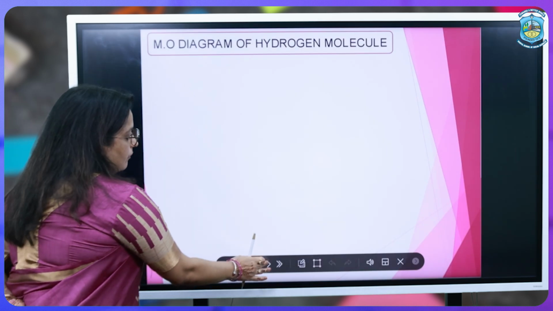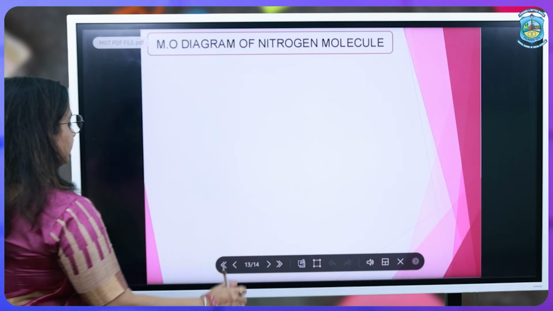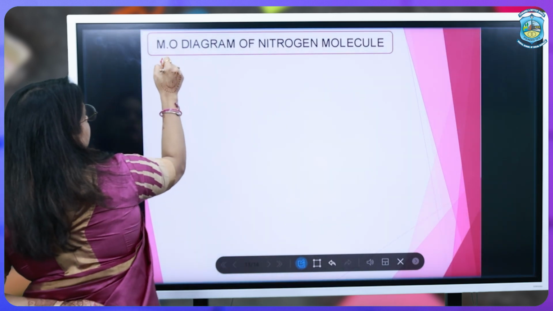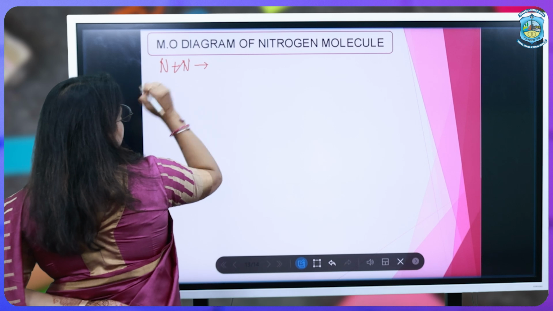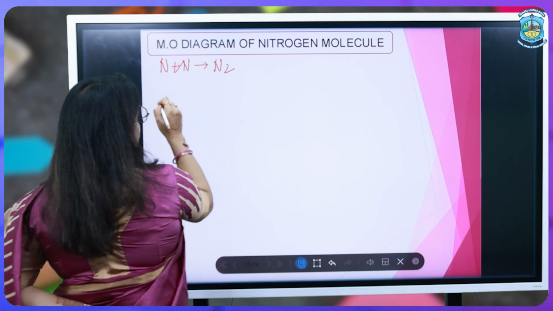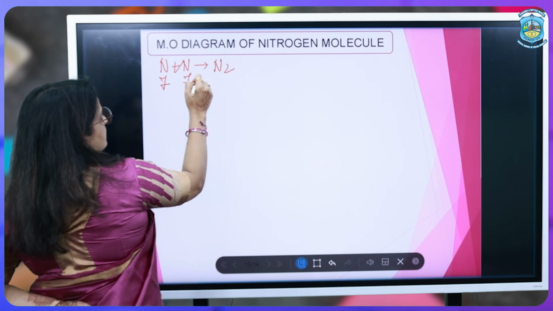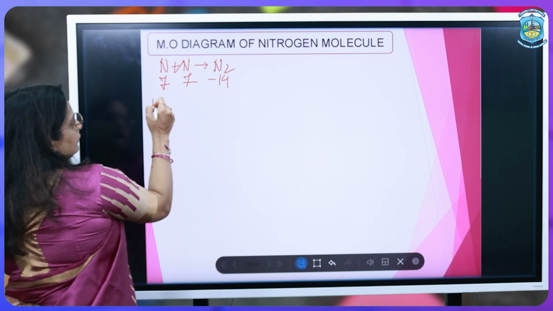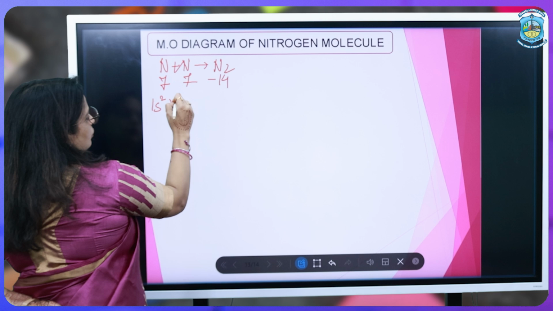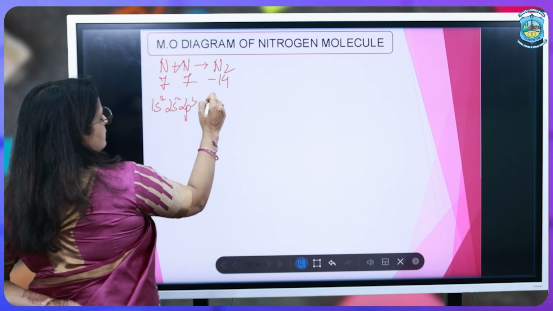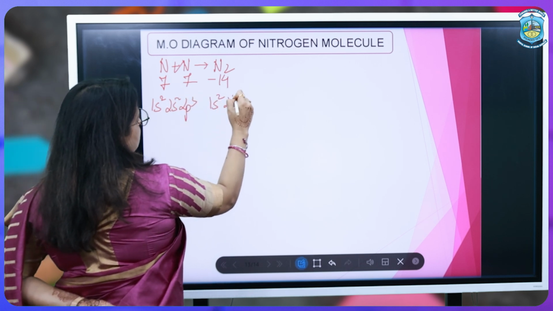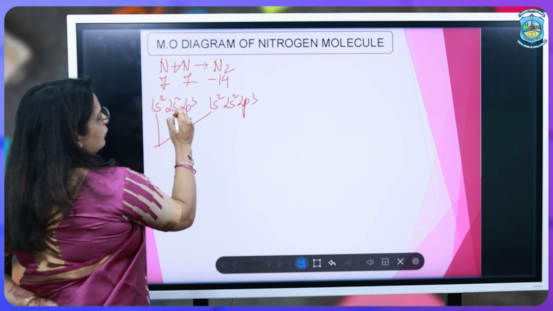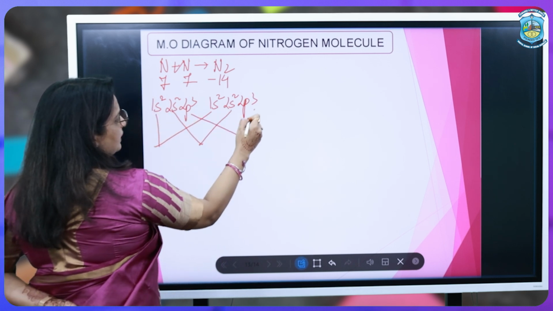We'll look at one more diagram, which is of the nitrogen molecule. We have nitrogen plus nitrogen, which will give you the N2 molecule. Nitrogen has 7 electrons, so a total of 14 electrons will be present. The configuration is 1s2, 2s2, 2p3, and similarly 1s2, 2s2, 2p3. So 1s and 1s will combine, 2s and 2s, and then 2p and 2p.